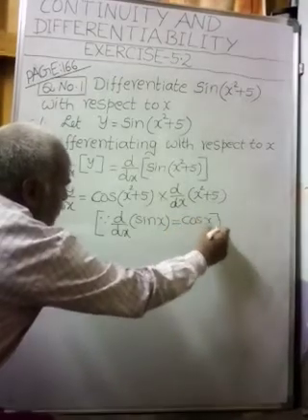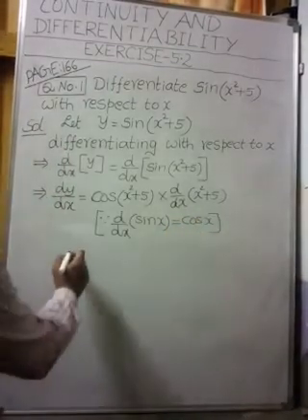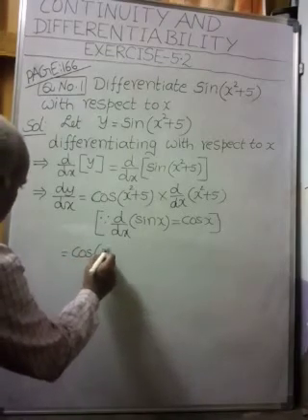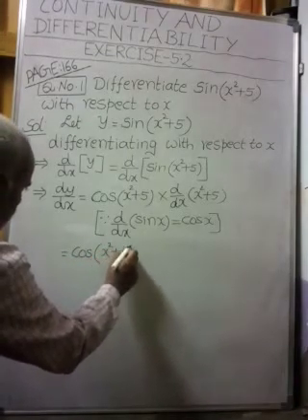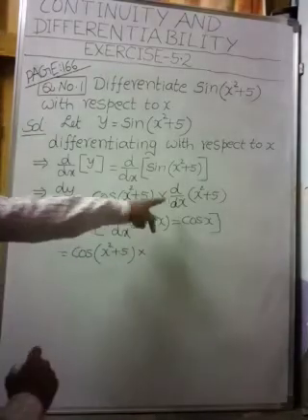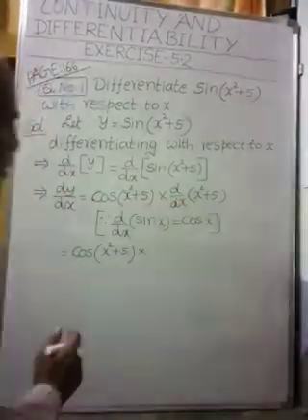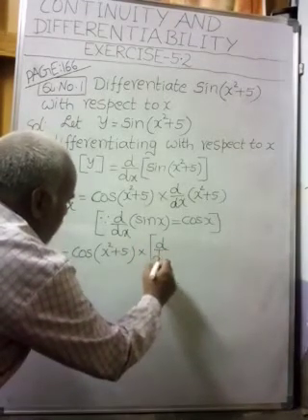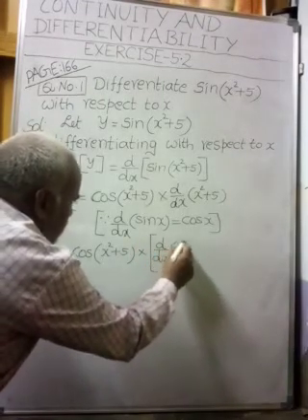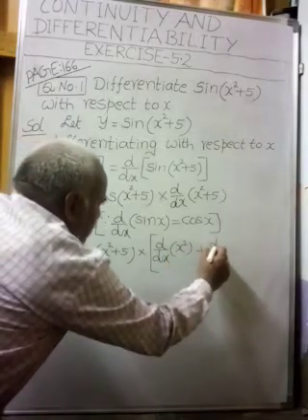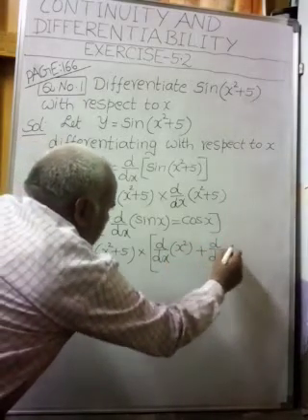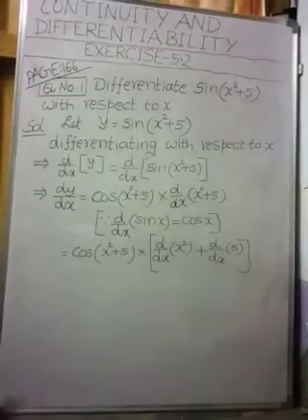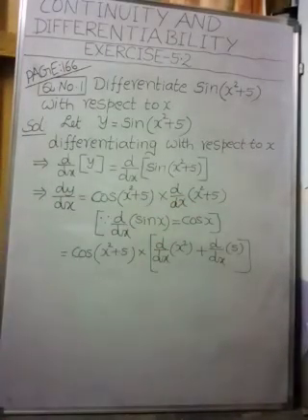We are using this formula. Okay, my children, this is equal to cos of x square plus 5 into, here we have to find the derivative of this function. So d by dx of x square plus d by dx of 5. We can find derivatives of these two terms separately. Understood this step, my dear children?